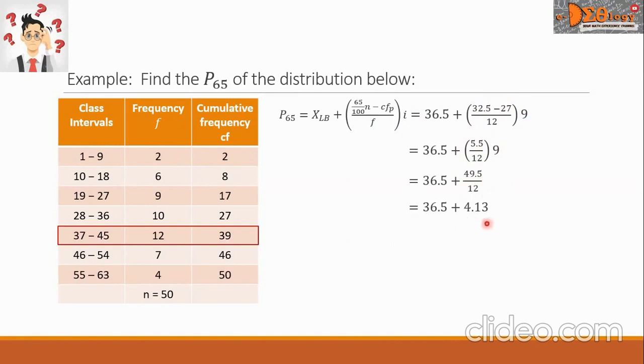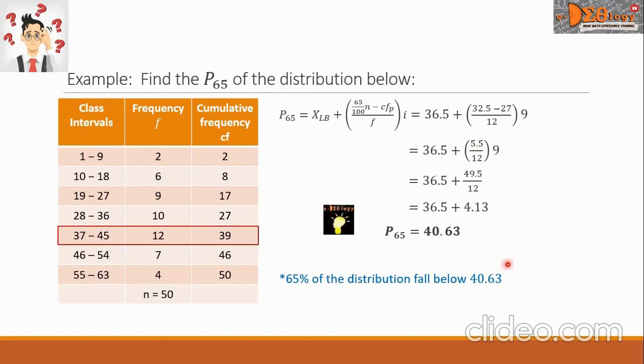We add this value and the 36.5, and we will get now the 65th percentile, which is equal to 40.63. We say that 65% of the distribution fall below 40.63. This is our final answer.